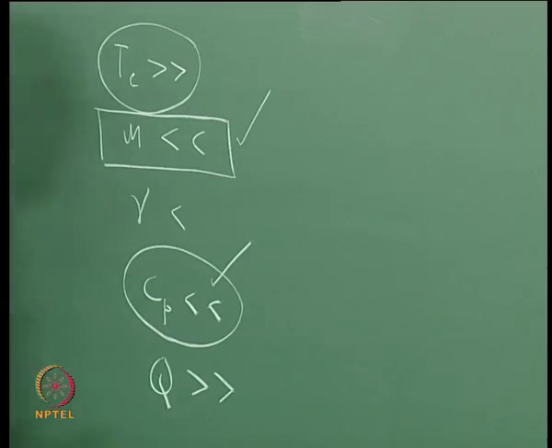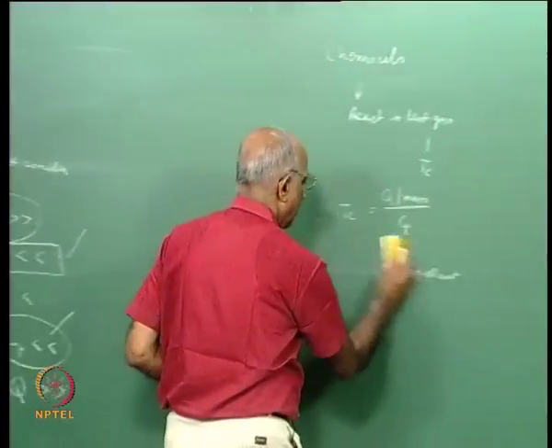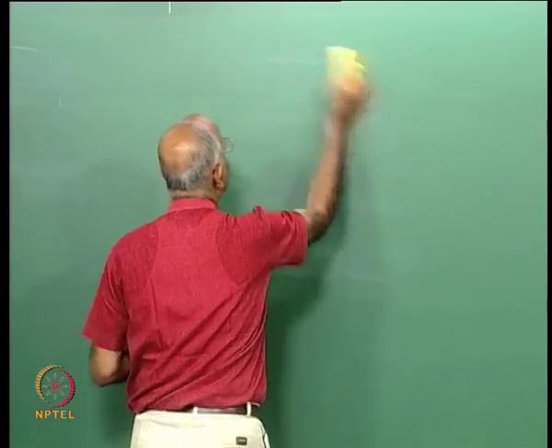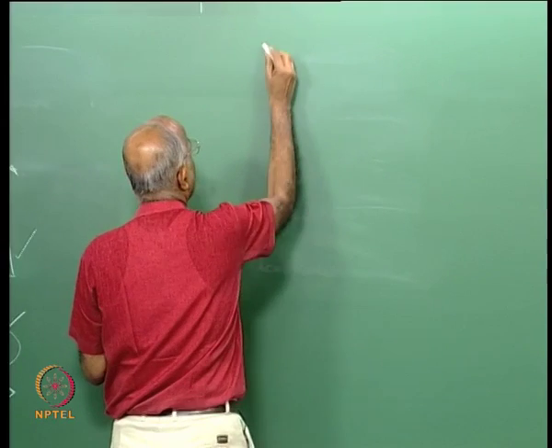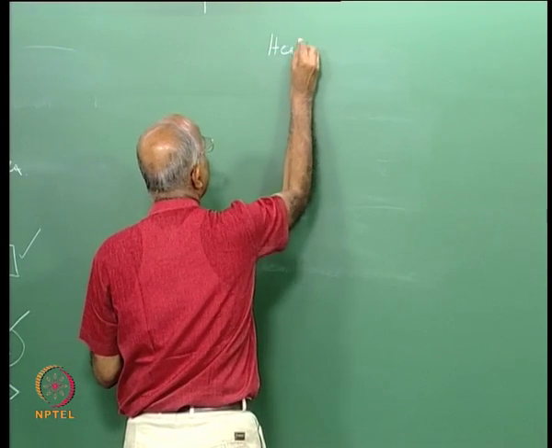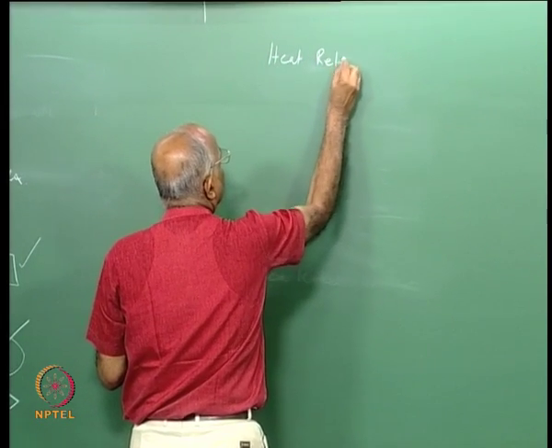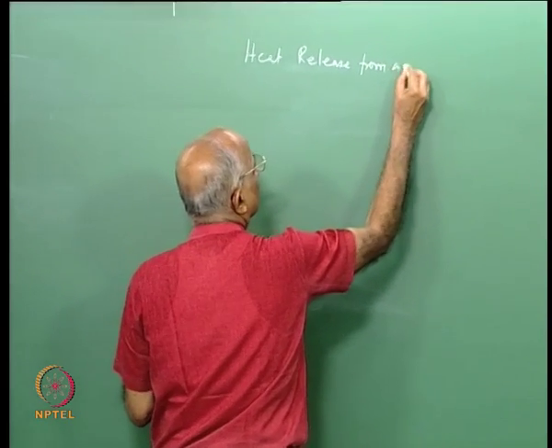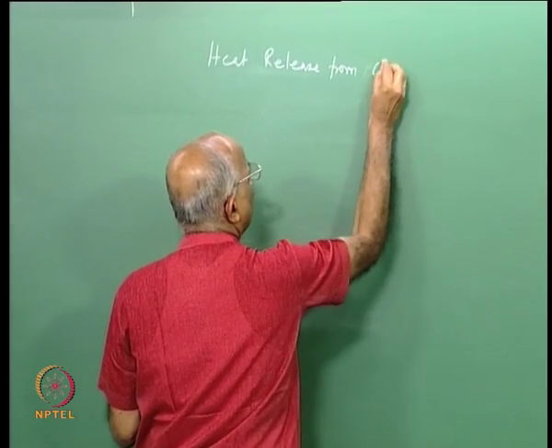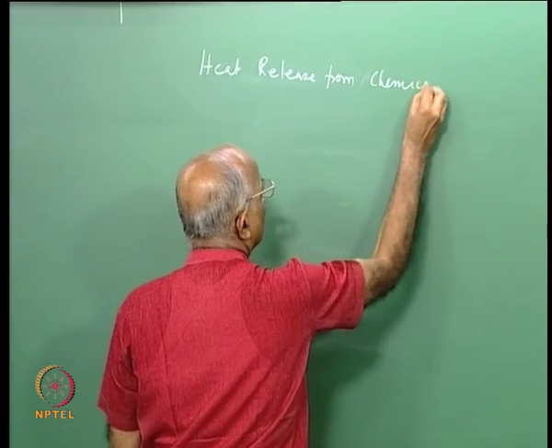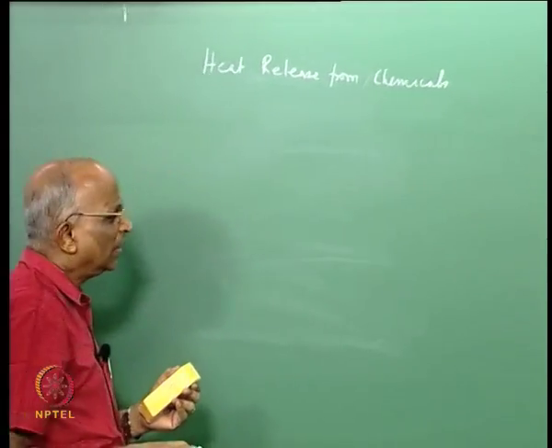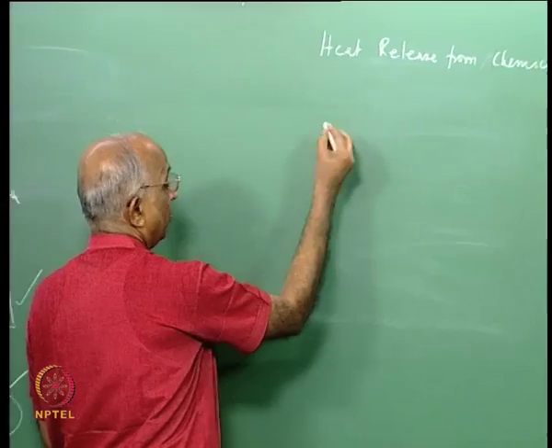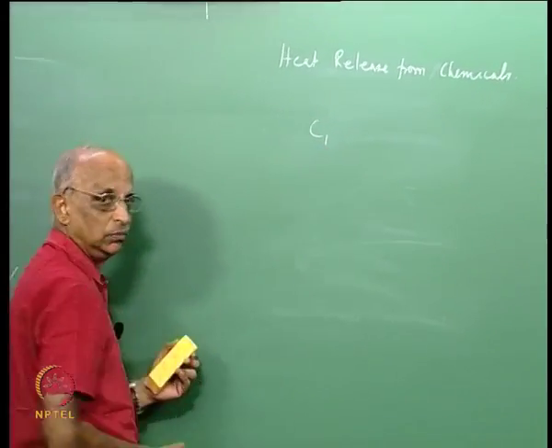Therefore let us take a look at heat release Q in a chemical reaction. Let us have a chemical, we will call it chemical C1.